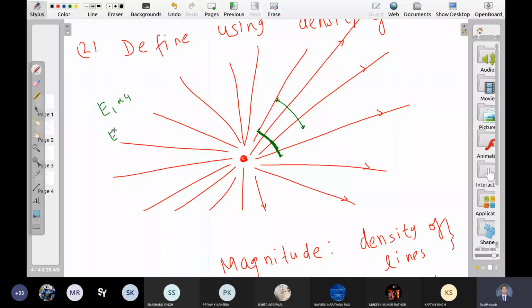Yes. Sir, are you drawing any lines, sir? I cannot see. Only one line is there. Is it? Let me reconnect. There may be some problem. No, sir, it is visible. No, sir, it is visible. Yes, sir, it is visible. We are able to see.